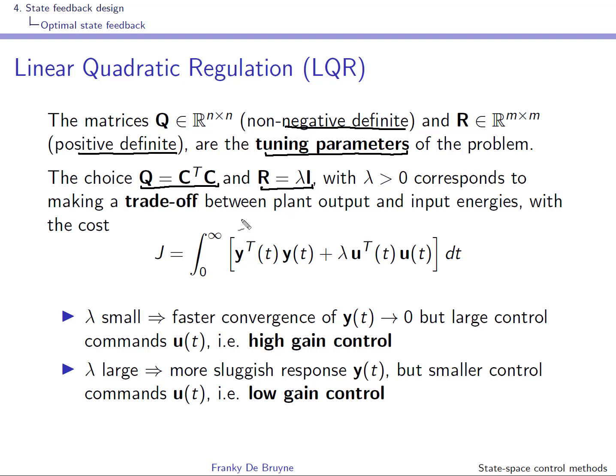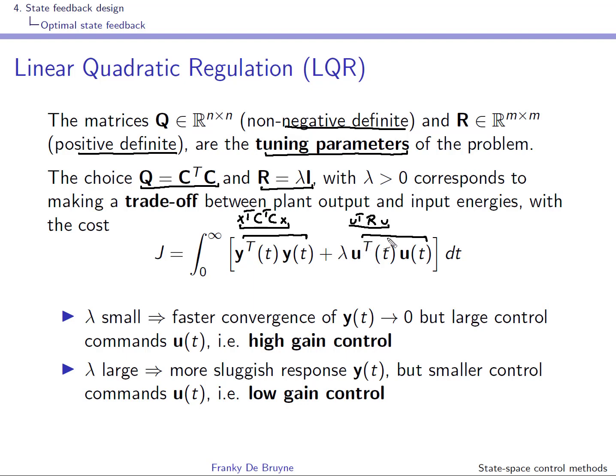So if you plug this into x transpose Q x, which is C transpose C now, this will produce this quantity here. So we are penalizing the output, and because R is lambda times the identity matrix, u transpose R u becomes as follows.